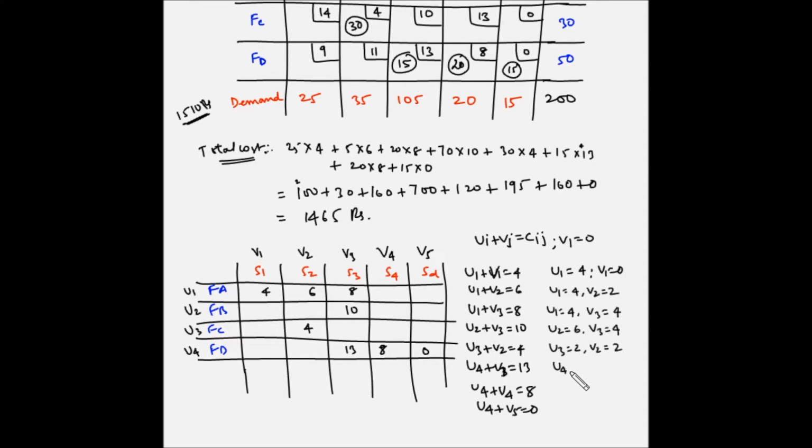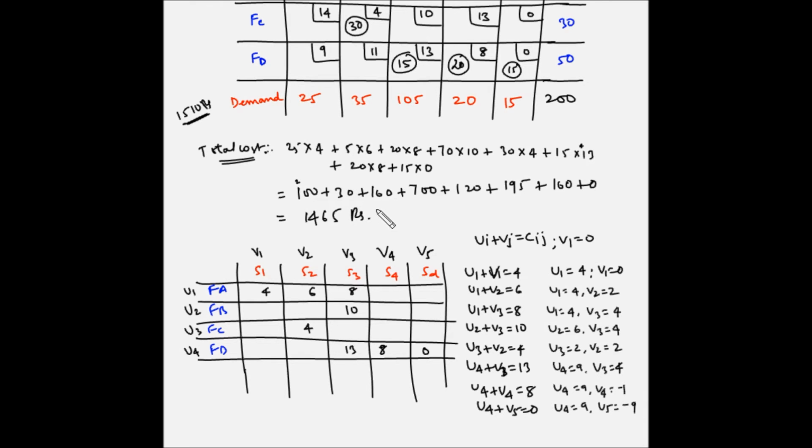Now in the next equation, u4 is 9, so v4 is 8 minus 9, which is minus 1. For the last equation, u4 is 9, so v5 is 0 minus 9, which is minus 9.